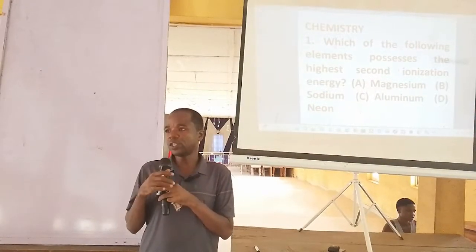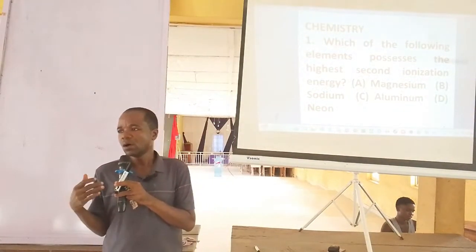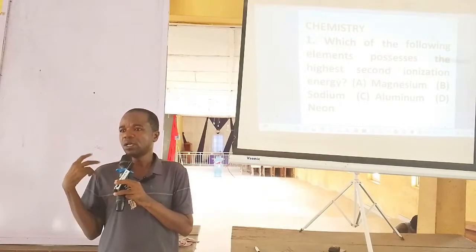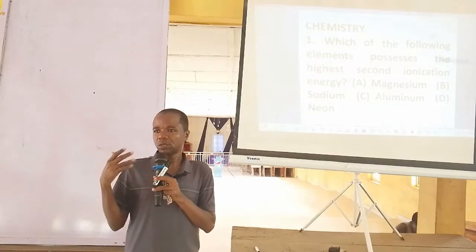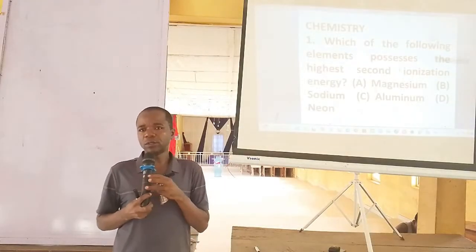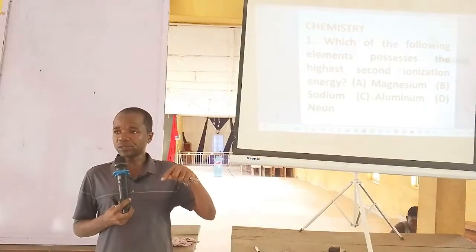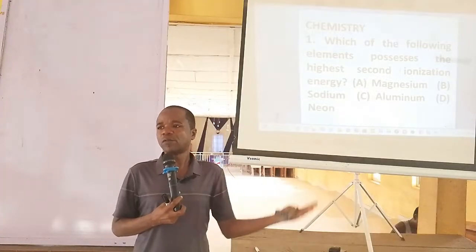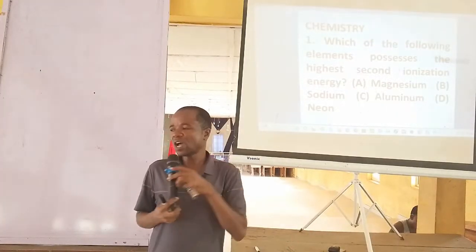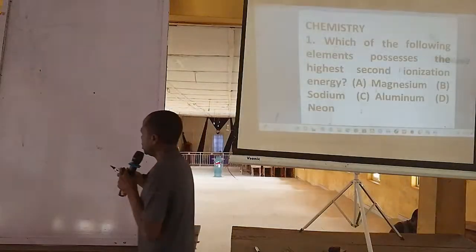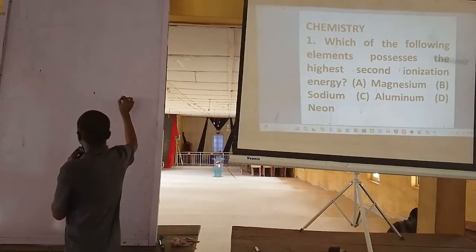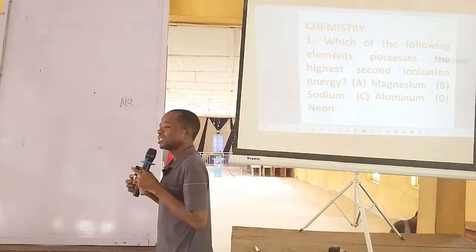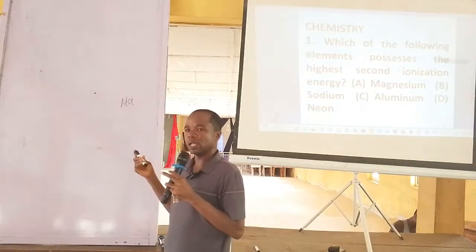And we have different types of ionization energy. We have first ionization energy, we have second, we have third, and so on and so forth. Now, the difference between the first ionization energy and the second is the number of electrons removed. If you have an element in neutral state, let's say we have something like sodium, that's neutral. It has not lost any electron.